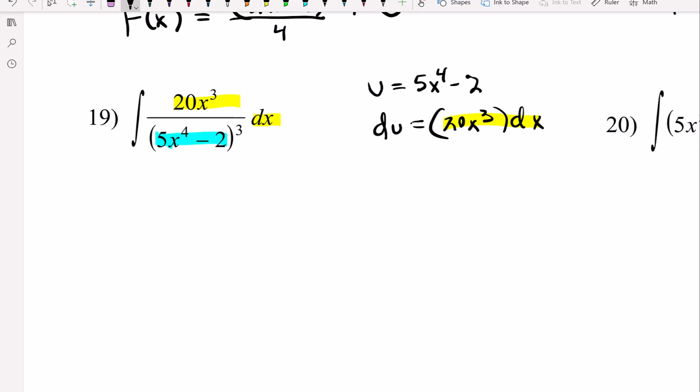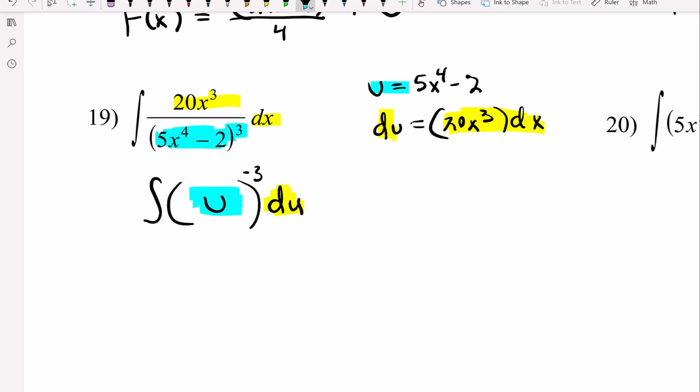We have this over u to the third, well, we can write that as u to the negative third. Remember what we did? We replaced all of this stuff with du, and we replaced this with our u, and then we just wrote it to the negative third.